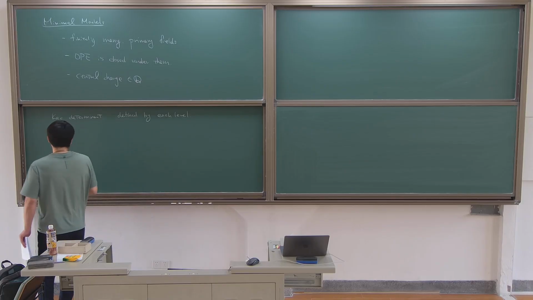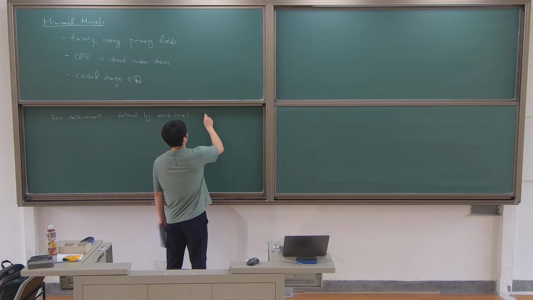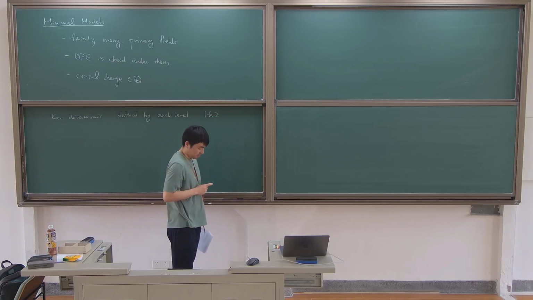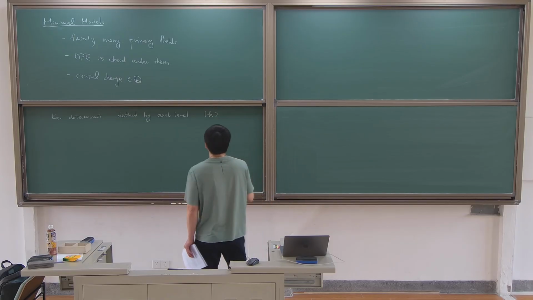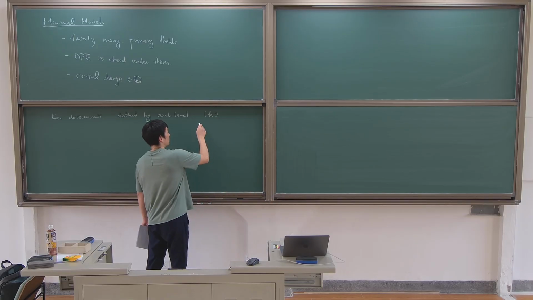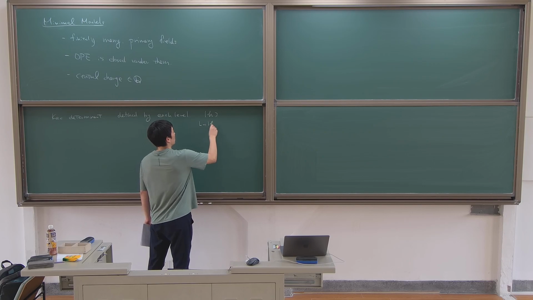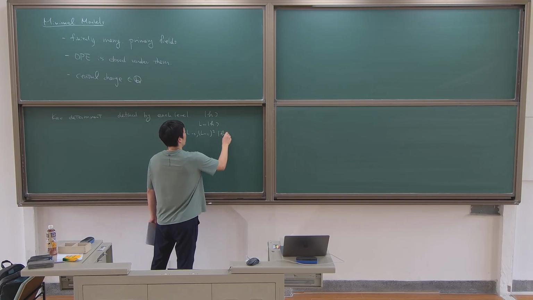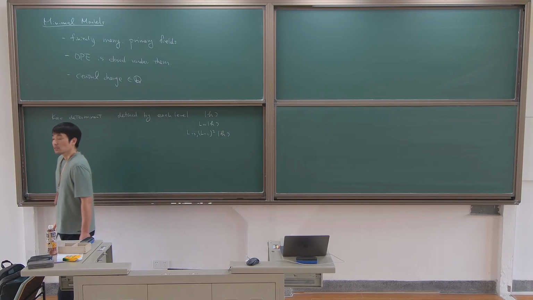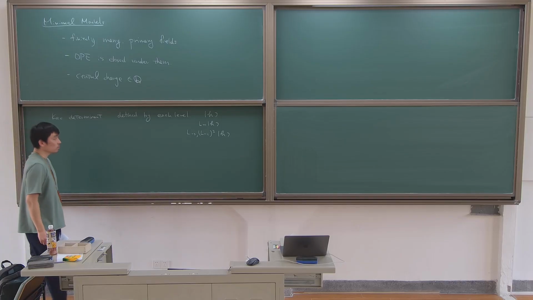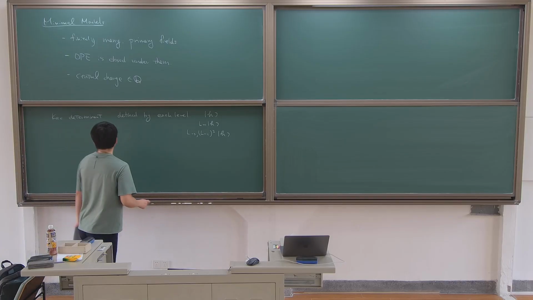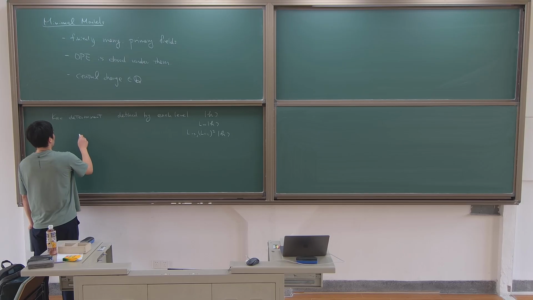Level means starting from the primary field, we act with the Virasoro negative modes. That's level 1, level 2, and so on. So at each level one can define the Kac determinant.